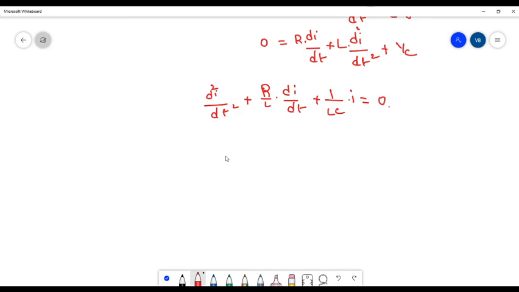If you take the derivative as d, then d square plus R by L into d plus 1 by LC equals 0.